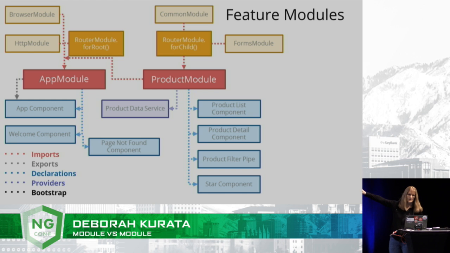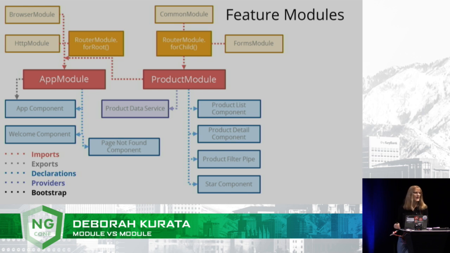Okay? Then you will notice here we're using router module for root and router module for child. Now, how do we know that we need forms module and HTTP module provided in these things? Well, we look at our components and we look at what their templates include. Since we knew that our product list template had an ng-if and an ng-for, we knew we needed common module.